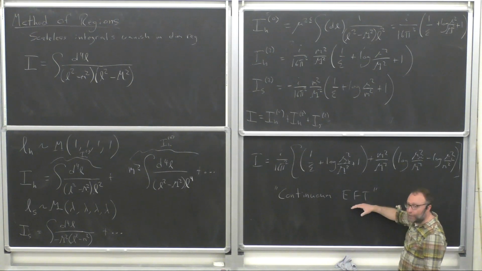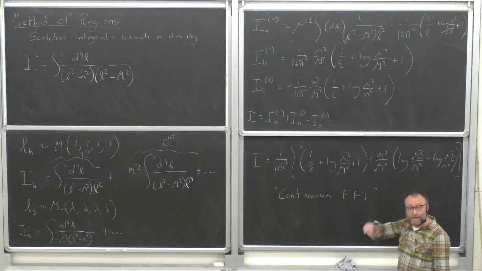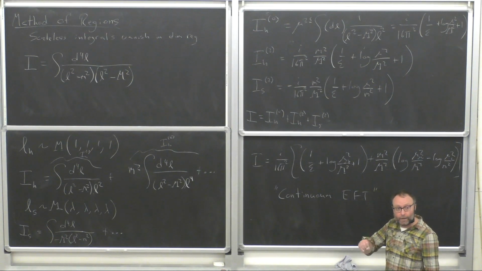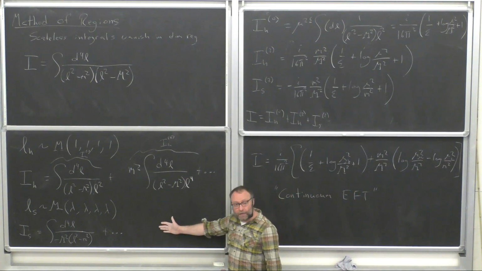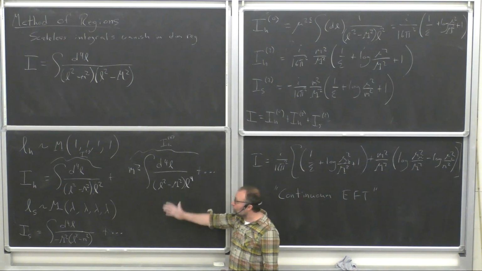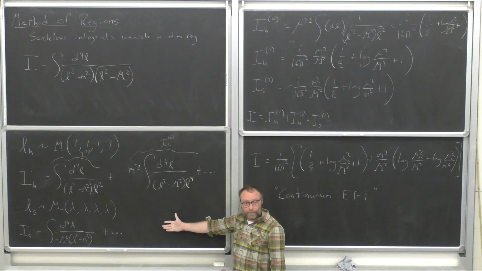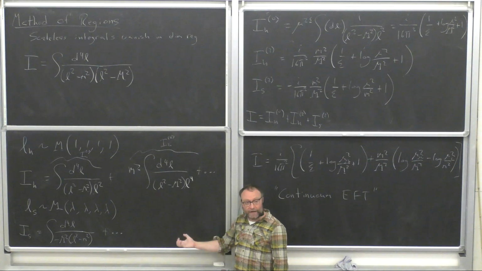If instead you embrace the idea of continuum EFT, which is deeply tied to dimensional regularization, then what you're really doing is relying on the method of regions. You're relying on the fact that scaleless integrals vanish.